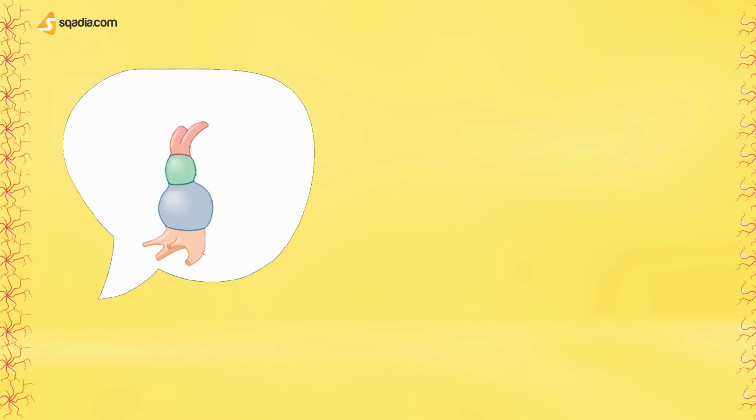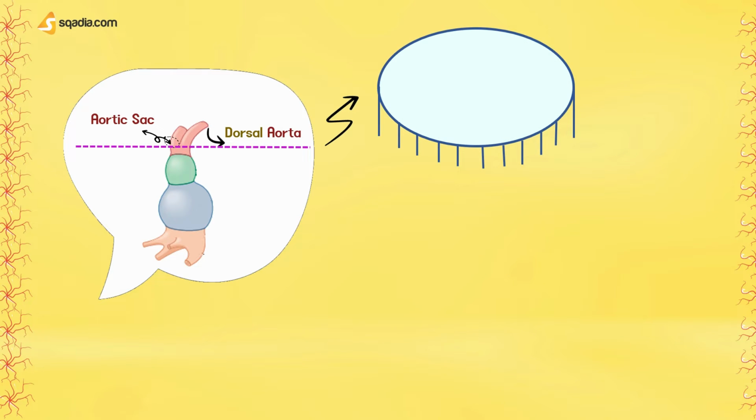Yes, sir. This is the heart tube. And this is the aortic sac. And this is the dorsal aorta. Now we are going to discuss the structures that we can see after a cross-section of this heart tube. At this point, that's the aortic sac.